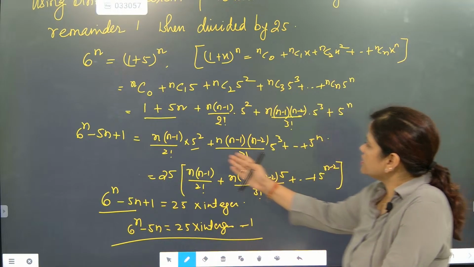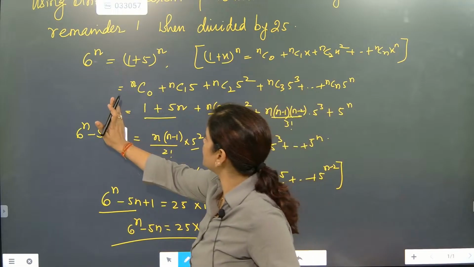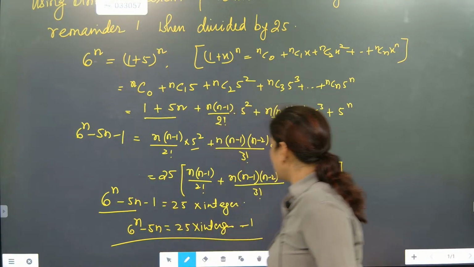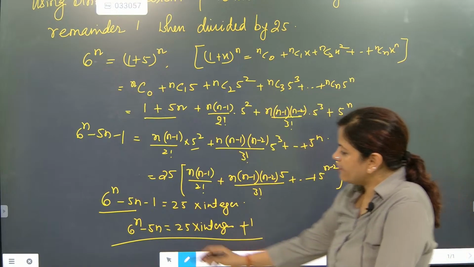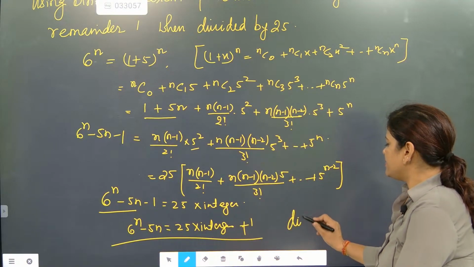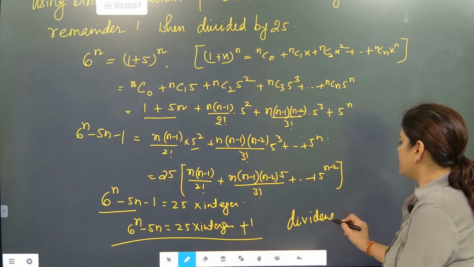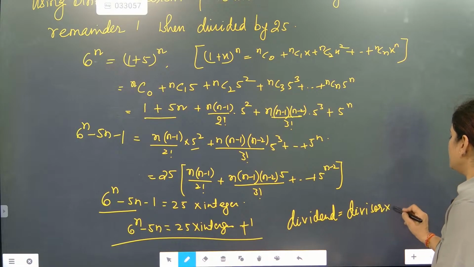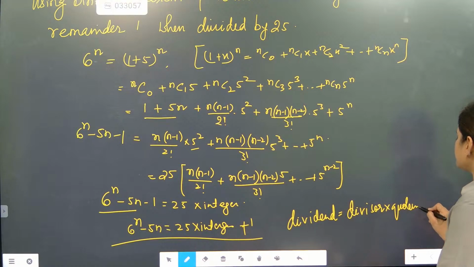I guess this part will shift, it means it will be minus 1. I take my number back. So minus 1 here, and this part it will become 1. So dividend is equal to divisor into quotient plus remainder. By this logic, dividend is equal to divisor into quotient plus remainder. So beta, what is the remainder coming here?